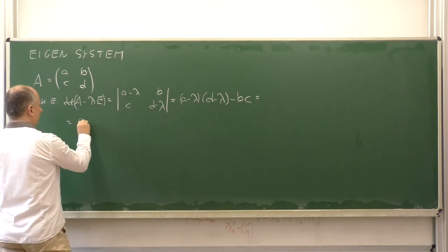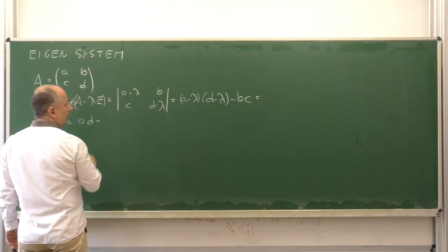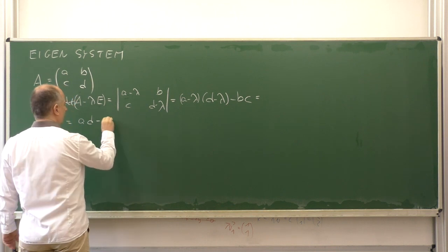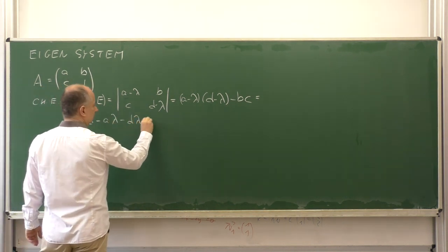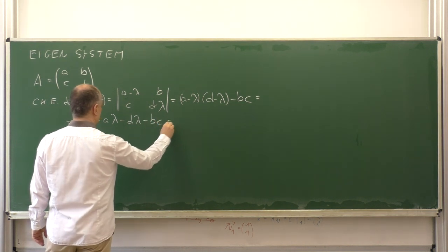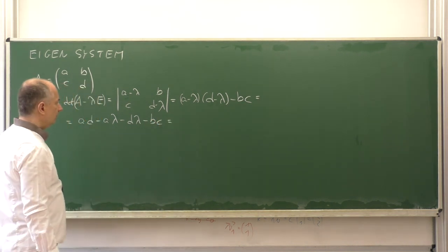So we have AD minus A lambda minus D lambda minus BC plus lambda squared, sorry.